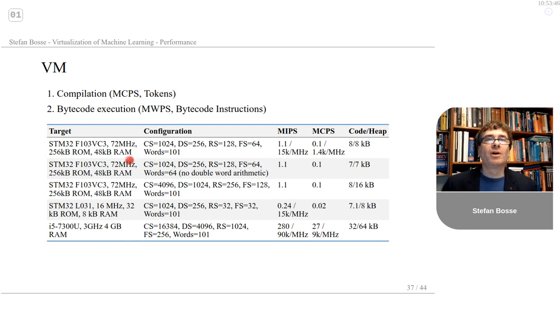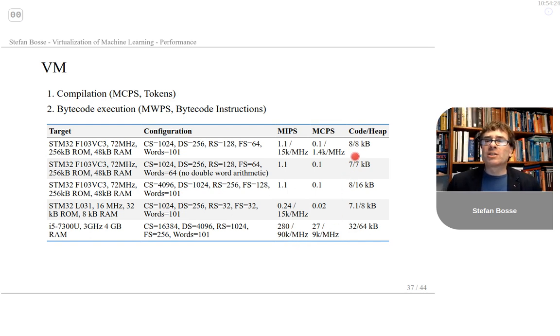For the STM32 series you get around 1 MIPS, of course word instructions, not native code instructions, on an ARM architecture, about 15,000 word instructions per megahertz clock frequency. On an Intel processor, they perform much better. This is a well-known fact that ARM processors underperform compared with Intel processors. Here you get about 90,000 instructions per megahertz.